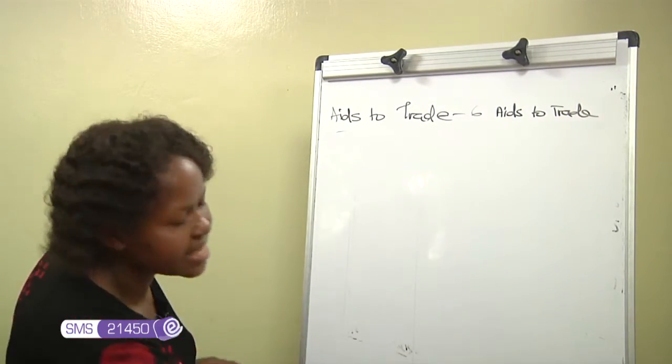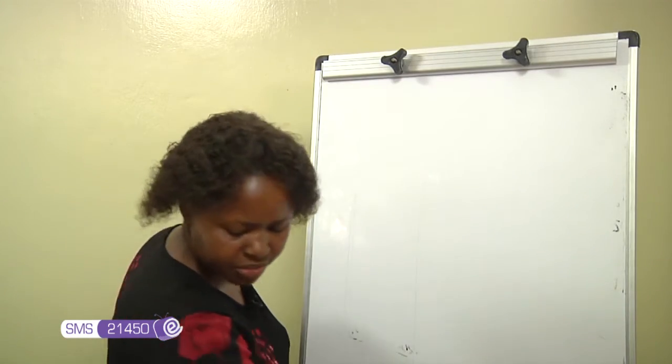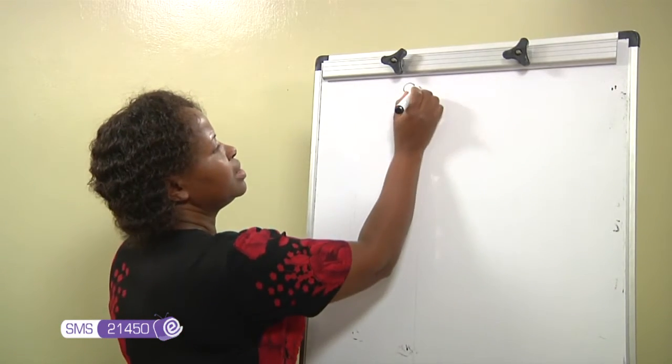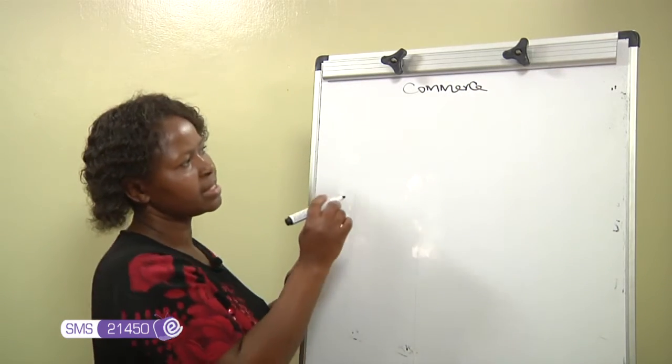To illustrate the 6 aids to trade, we shall draw a diagram indicating the division of commerce.